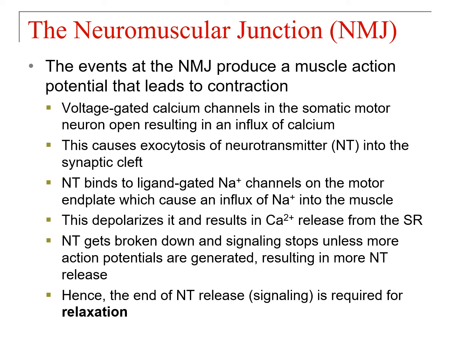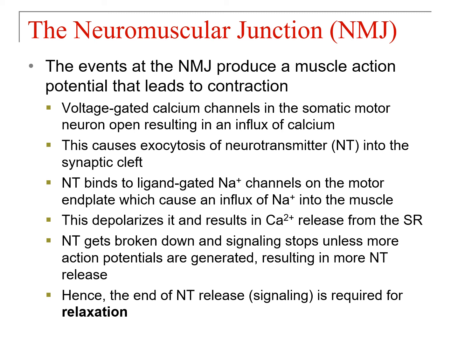As we mentioned, in order for contractions to end, the neurotransmitter acetylcholine has to be removed from the cleft. It is broken down by the enzyme acetylcholinesterase. It also diffuses out of the cleft or experiences neurotransmitter reuptake as it is pumped back into the motor neuron.